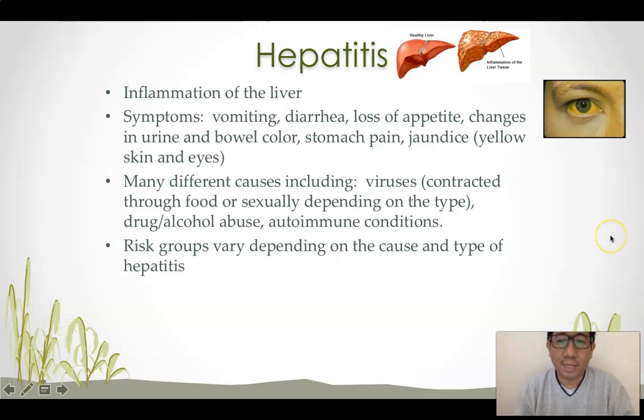When your body cannot break down bilirubin, then your body will have a higher level of that, and your body becomes a yellowish tint. Okay. We do have vaccine for A and B. You could get the vaccine for hepatitis A and hepatitis B.